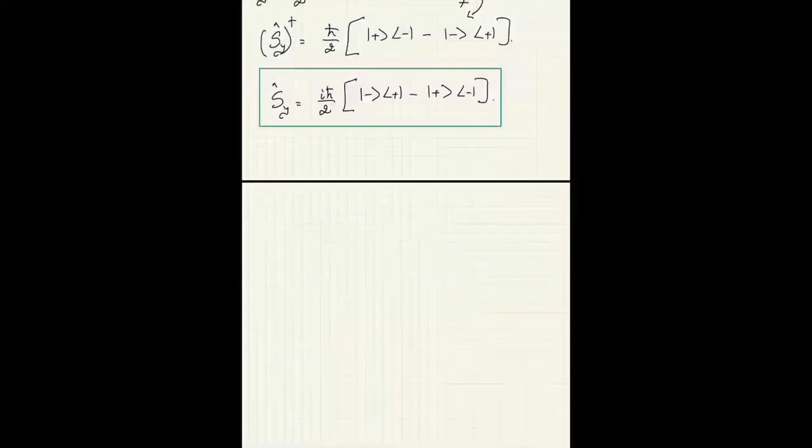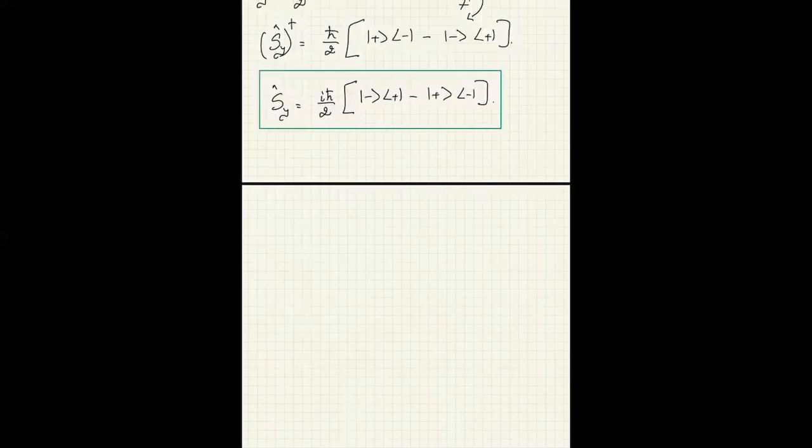How would you do this? Well, let us do it laboriously by actually multiplying it. The commutation relation [Sx, Sy] is multiplying it this way and multiplying it the other way and taking the difference, right? So let me actually do that. So let me actually multiply Sx and Sy.